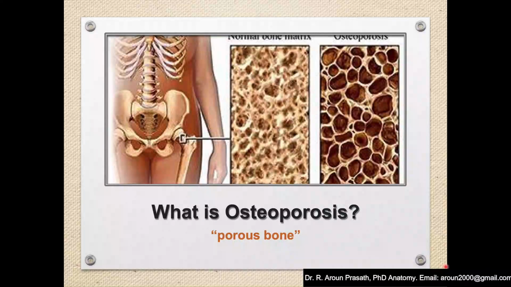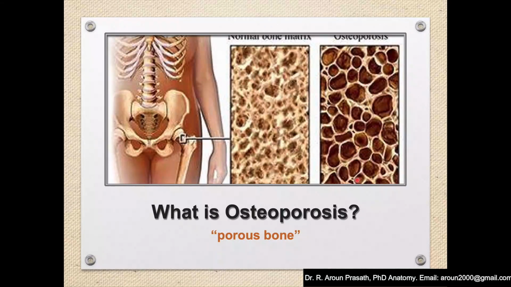Okay, osteoporosis, as I told you, is an age-related change. This is a normal bone where there is more amount of osteocyte cells, whereas here the calcium is resorbed and that leads to porous bone. This has less capacity to bear weight, and that is what we call osteoporosis.